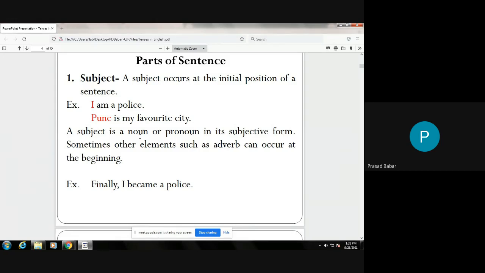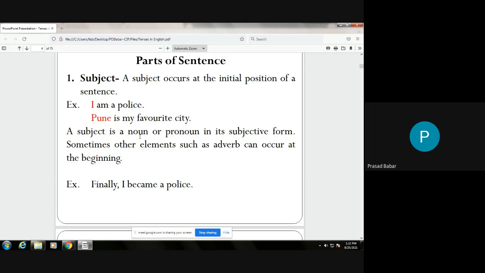Let's see one example. I'm eating a mango. So here I is the pronoun and it is used in a subjective form. I is the subjective form of the pronoun I, and its objective form is used when we use it in the passive voice.